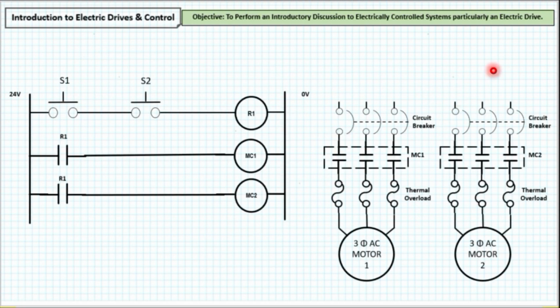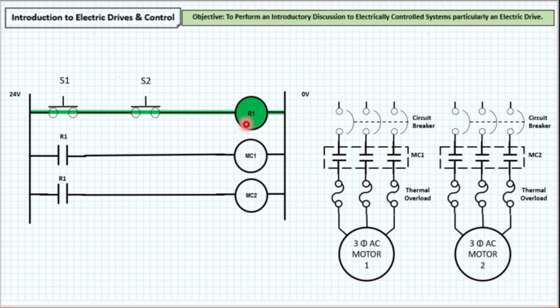Okay. So in a slightly more complicated circuit, nakita natin dito, utilization of a relay to control various power circuit components simultaneously can also be done. For example, in this case, S1 and S2 and R1 are in series. So, by pressing S1 and S2 simultaneously, R1 coil will be energized.